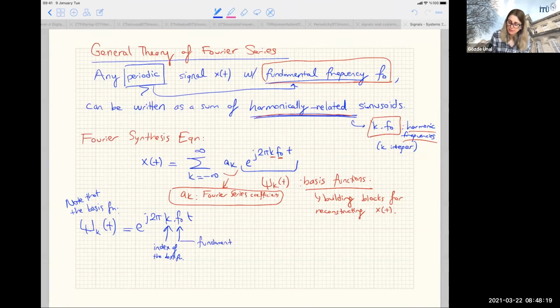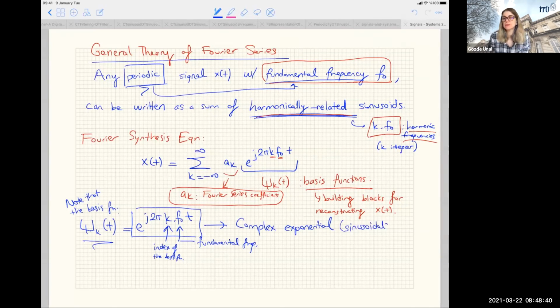You guys know this signal. This is a complex sinusoid, right? So in Fourier series, the complex sinusoid or complex exponential, you already know what I'm saying because we were adding signals.